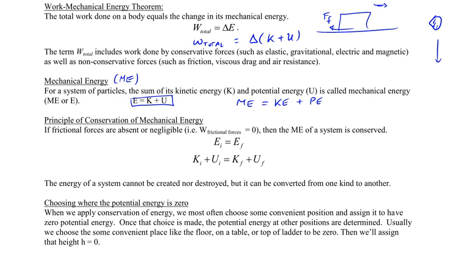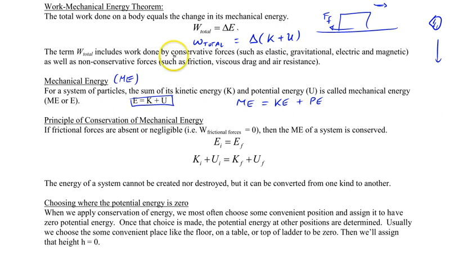And a very important point to realize: conservative forces, such as the elastic, gravitational, electric and magnetic forces that have associated potential energies, don't change the total energy of the system or body. They only change it from one form to another. So it could be changing, say, from potential energy into kinetic energy.